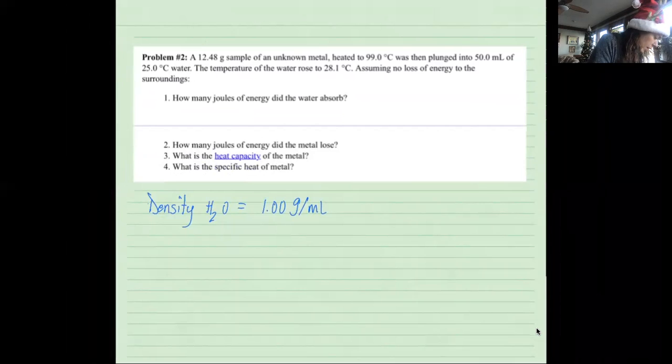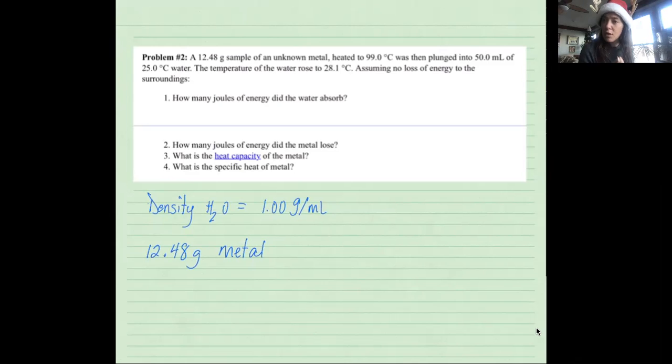Let's look at our data up here. It says we've got a 12.48 gram sample of a metal. We don't know the identity. We may be able to figure it out from our calculations. It is heated to 99 degrees. So that means its initial temp is 99.0 degrees Celsius.